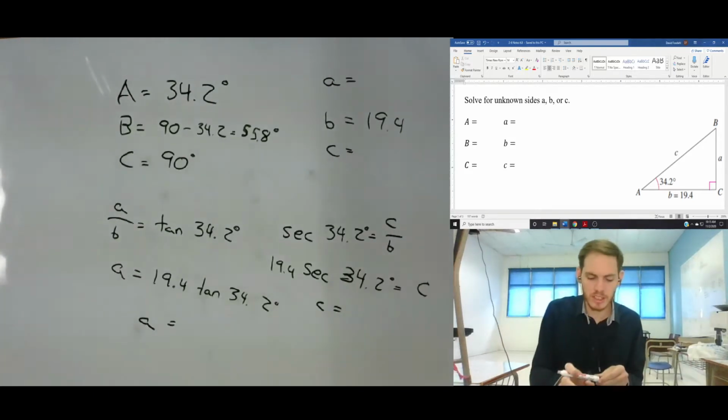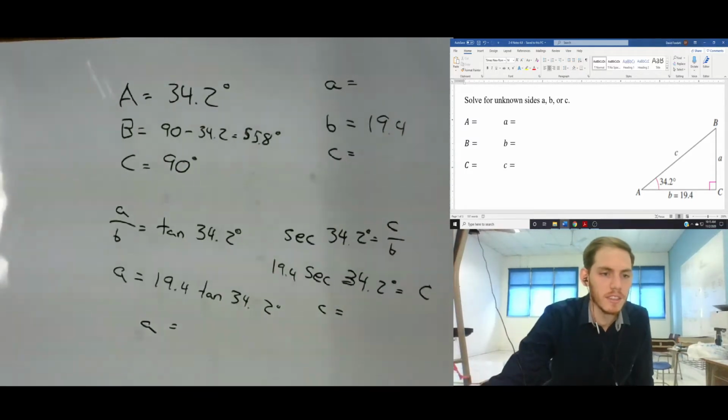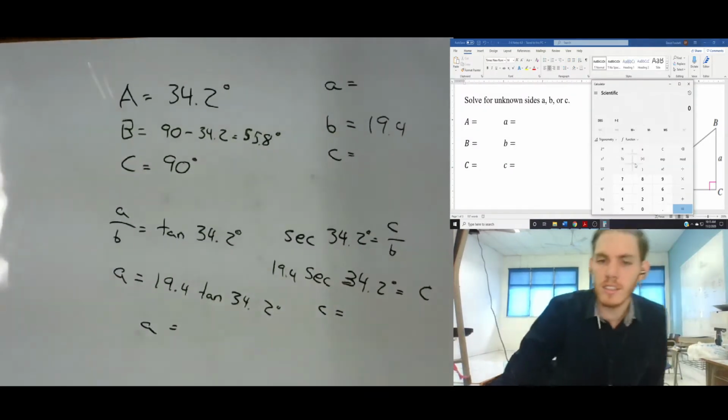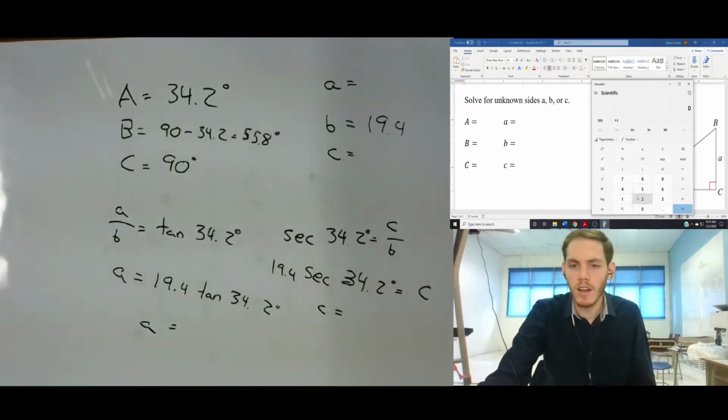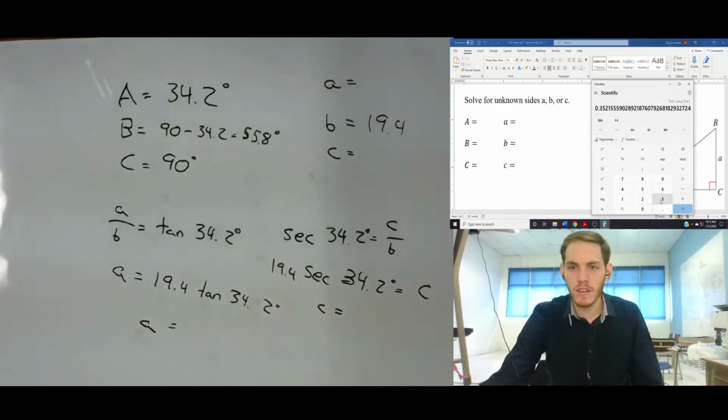Okay, well, let's plug this into a calculator, and we'll get our answer. Okay, so we do 19.4 times tangent of 34.2.